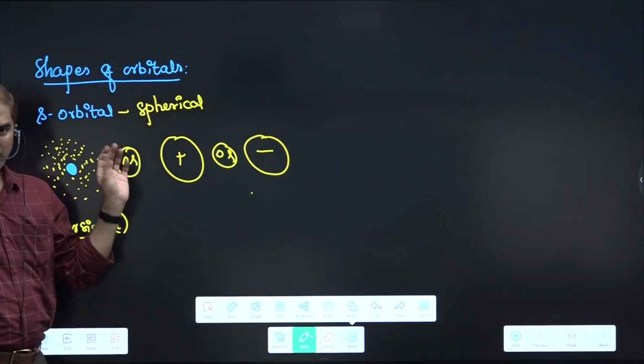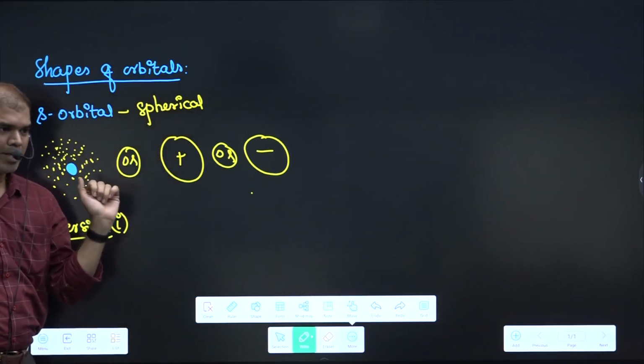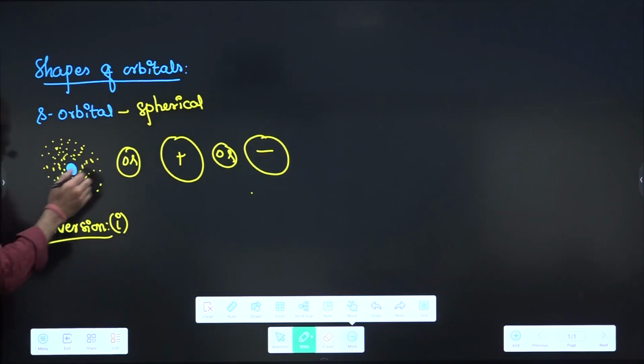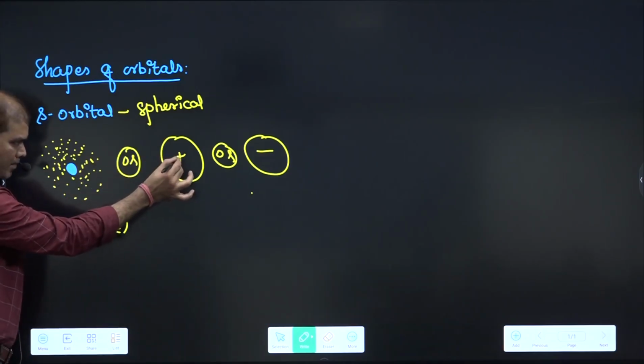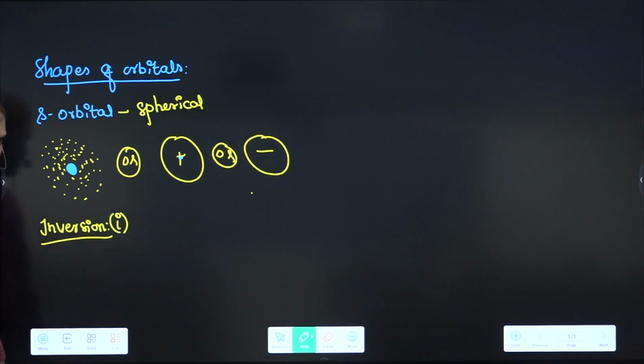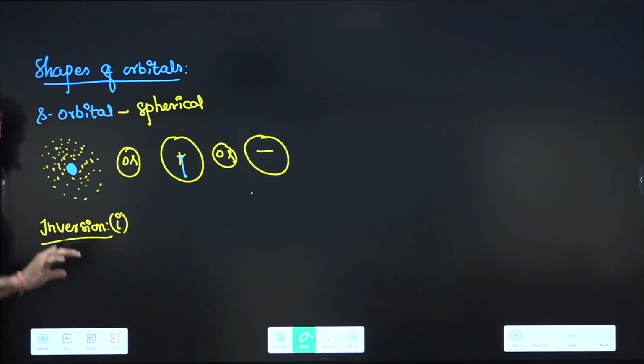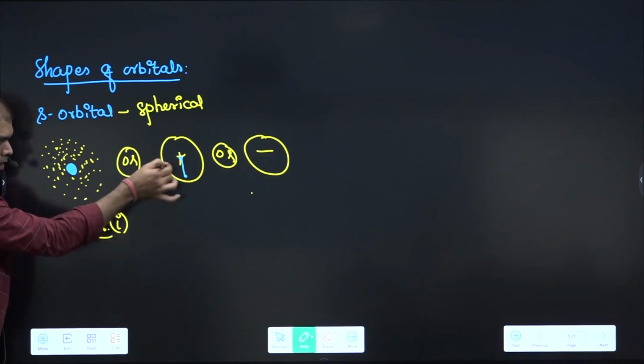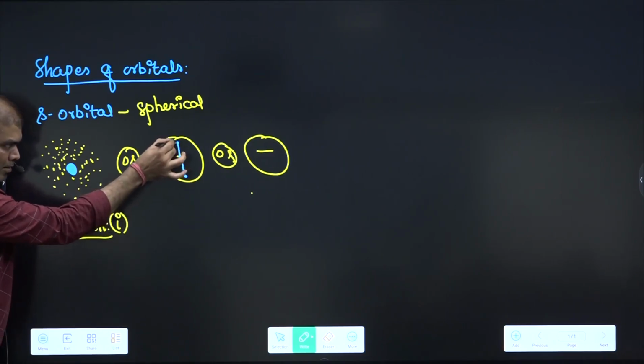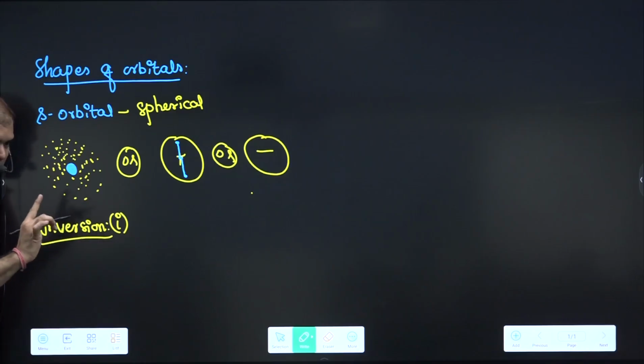Now look at the s orbital. For s orbital, do we have inversion? Starting from the center, this is the center, the nucleus is present. From that nucleus, I am drawing a line. It is meeting a point which is plus phase. In the opposite direction to the same distance, it has to meet an identical point.